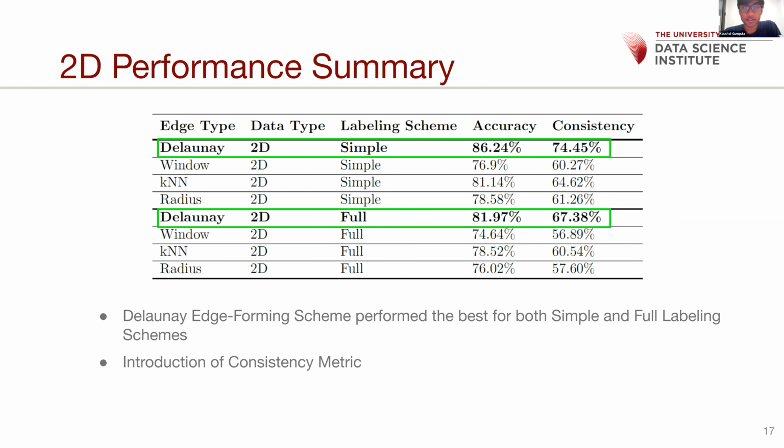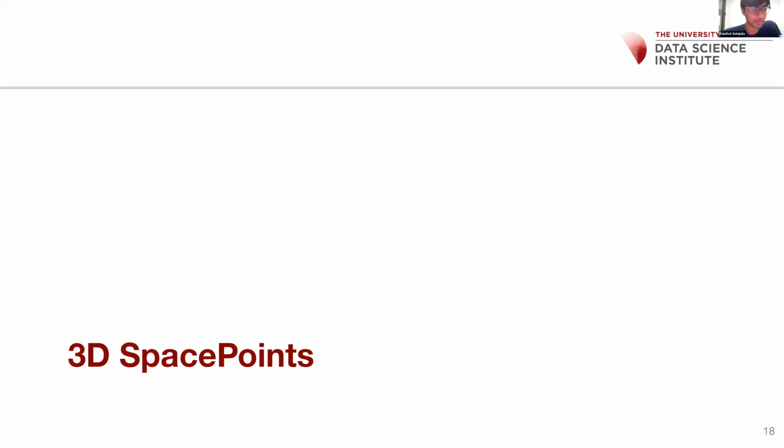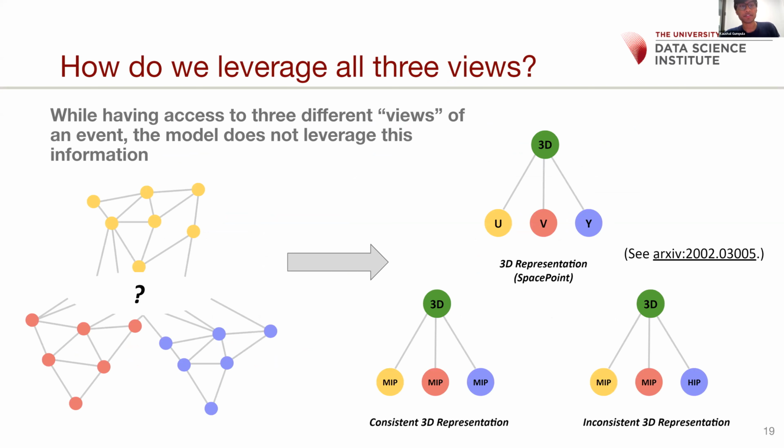The way we do that is with the introduction of 3D space points. So really, we have the question of how we leverage all 3 views, and the fact that we know that the U, V, and Y plane all correspond to this one full interaction.